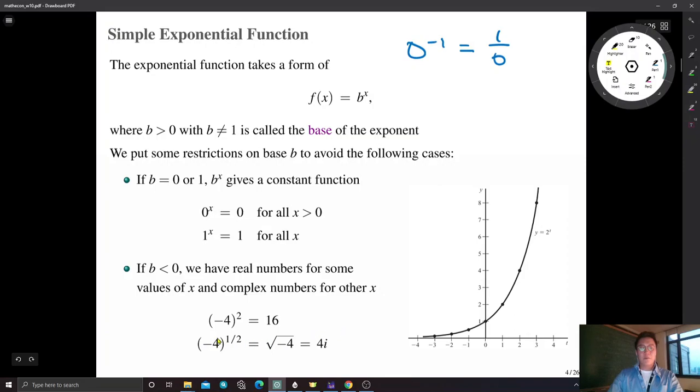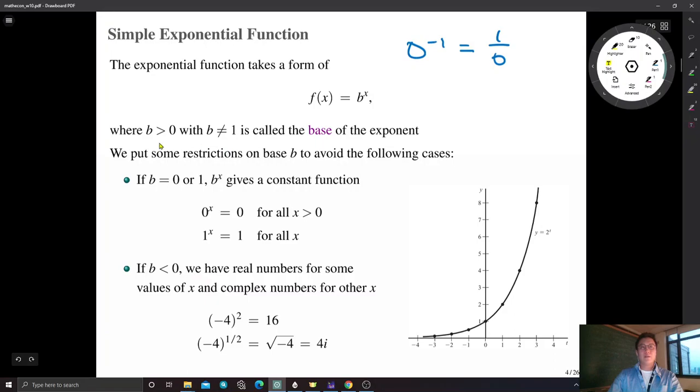But negative 4 to the power 1/2 is equivalent to taking a square root, and the square root of a negative number is undefined in the reals. Then we have a complex number, 4 times i, an imaginary number, but we are not going to study imaginary numbers in this class. So we exclude negative bases as well.